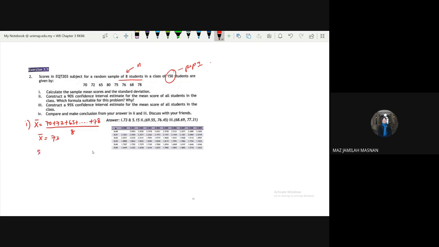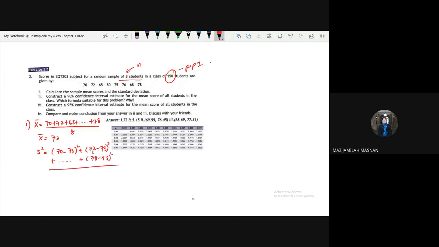Let's say we begin with S squared, variance. It will be the deduction of each score with the mean. So you will have 70 minus 73 squared plus 72 minus 73 squared plus until the last value is 78 minus 73 squared.